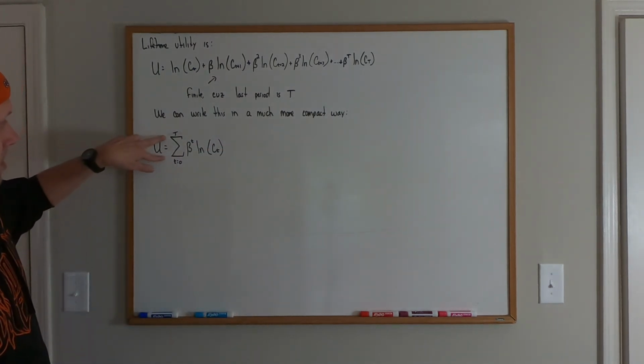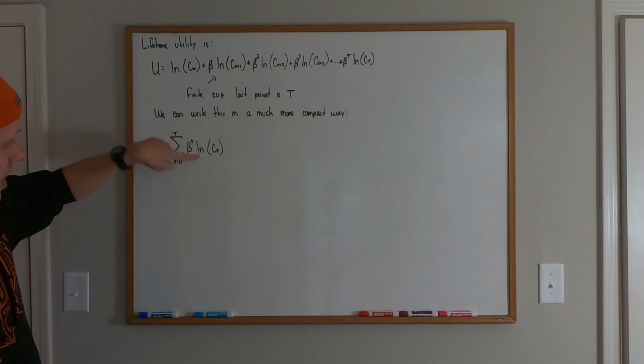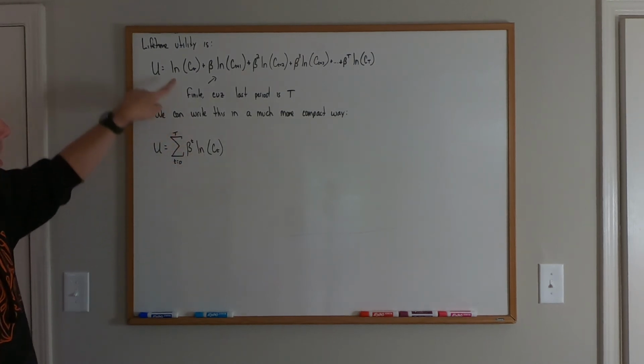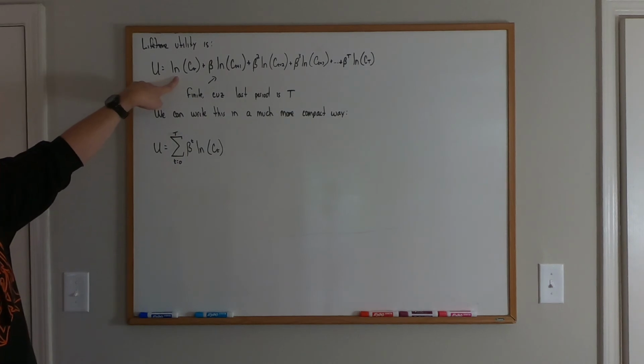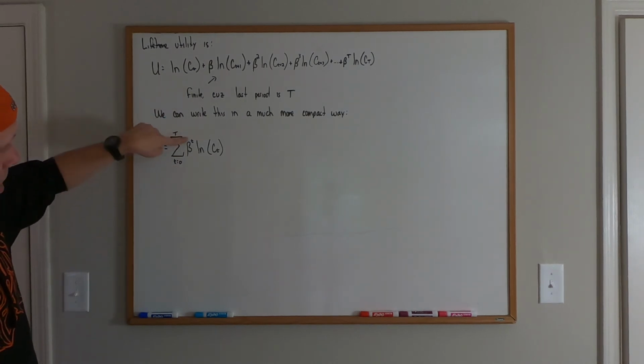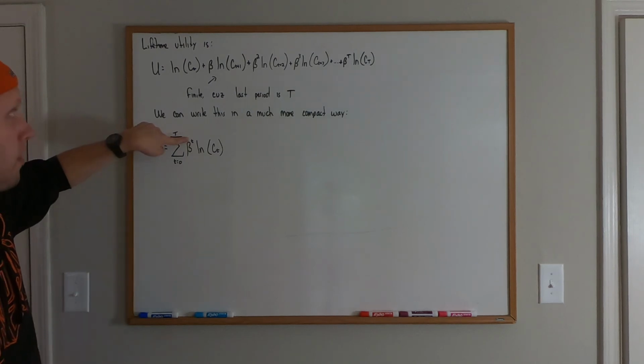U is equal to the summation, the indexed sum, as t goes from 0 up to capital T, of beta to the power of t times the natural log of C_t. This is equal to this because if t is 0, the exponent of t is 0, which means anything raised to the power of 0 is equal to 1.